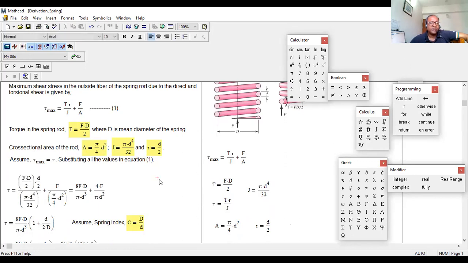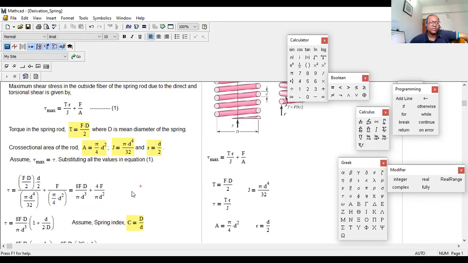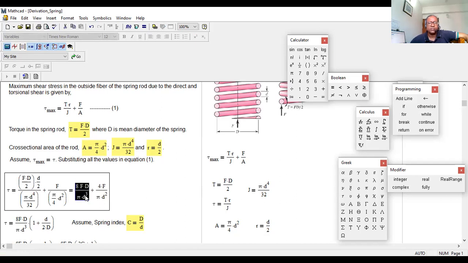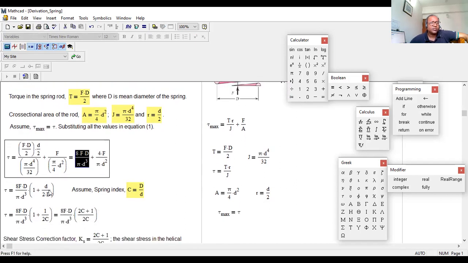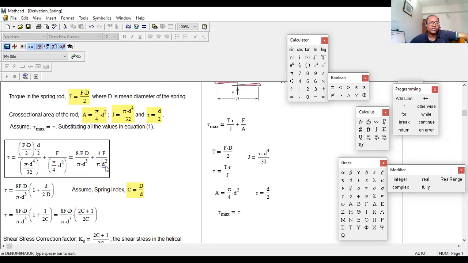If you rearrange the equation, you will have this format. And from here, we try to take common 8FD by pi d cubed. Right over here, no big D at the bottom, so you get d by 2D. If you multiply, you'll get back to this value.